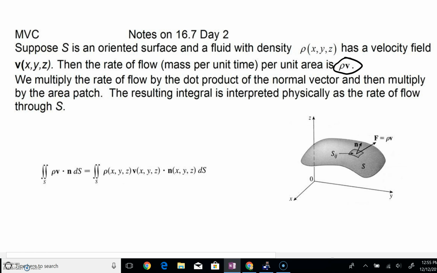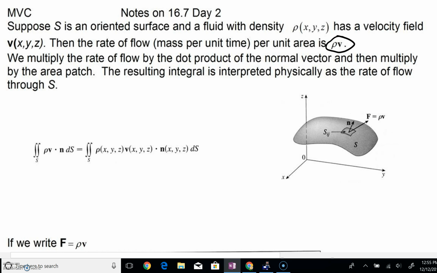By the way, we could think of rho v as really our vector field in that regard. If we multiplied this rate of flow by the dot product of the normal vector, and then multiply by the area patch, we would get a non-vector answer. Remember, with vector multiplication, the dot product would be the multiplication that leads to a scalar.